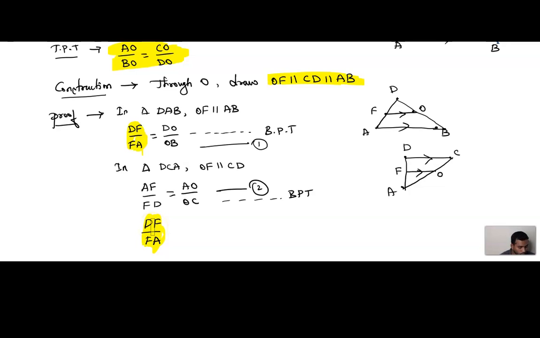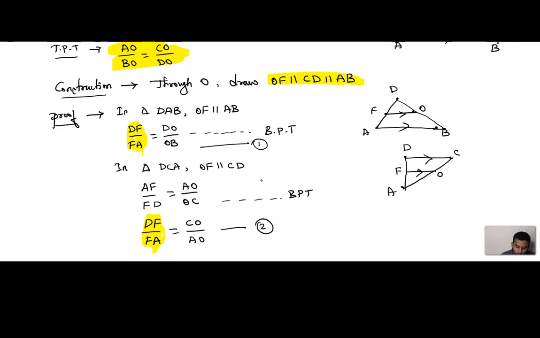To convert that, I have written it in that form. I have written FD up, AF down. So FD is nothing but DF, AF is nothing but FA, is equal to OC, which is nothing but CO, over AO. Let me make this equation 2.